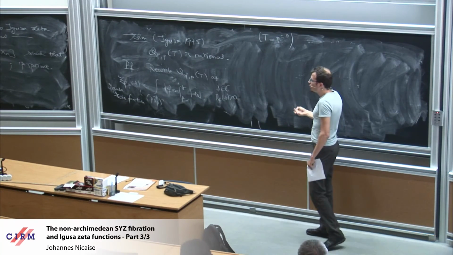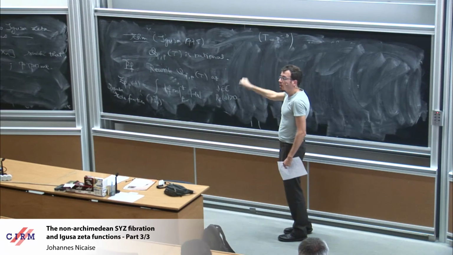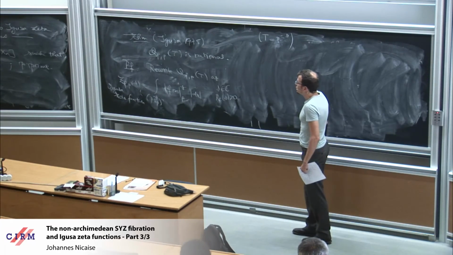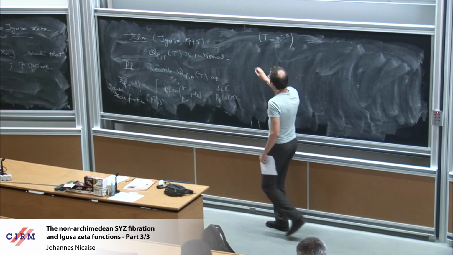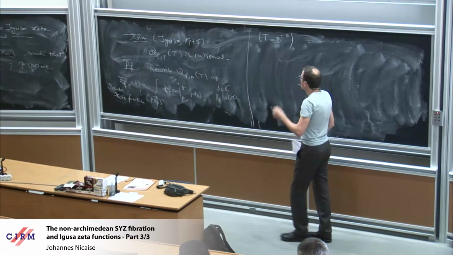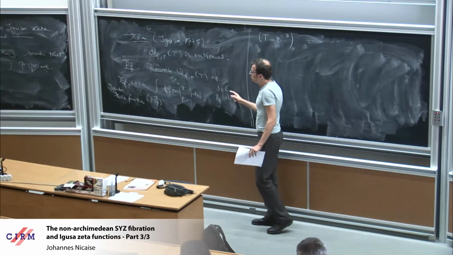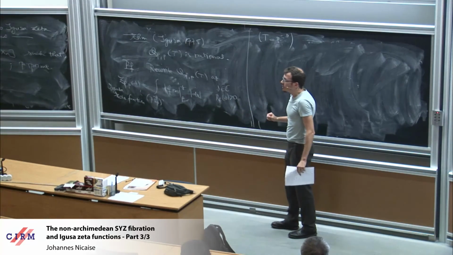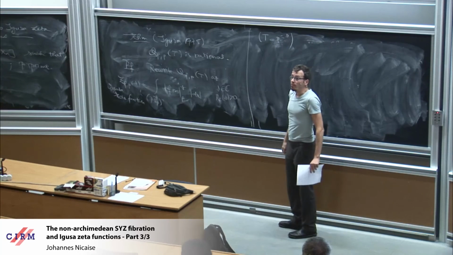So they're not equal on the nose, but there's a very simple transformation rule that allows you to go back and forth between these two invariants. So the problem of proving rationality of the generating series became the problem of proving rationality of the p-adic zeta function in p to the power minus s.